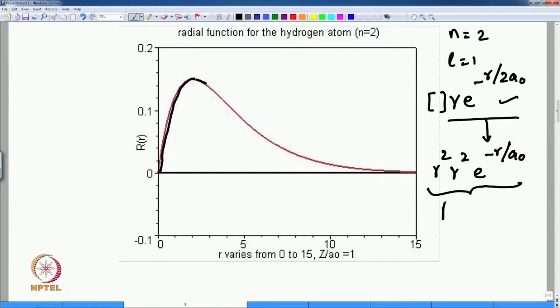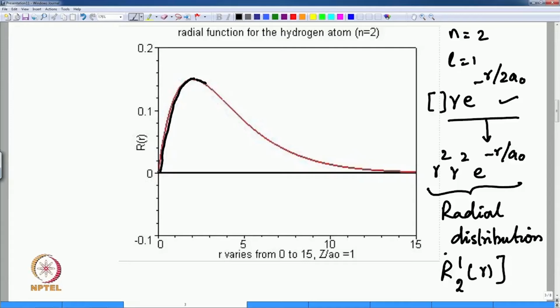This is the radial distribution, the R 2 1 radial function squared multiplied by r square. Again, the maximum happens quite far away from 0.